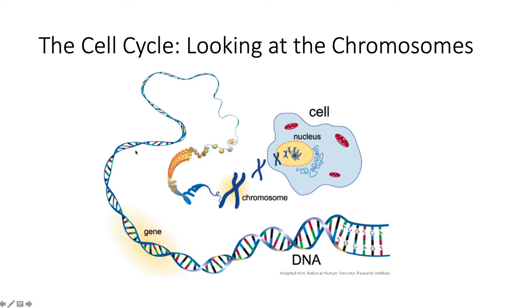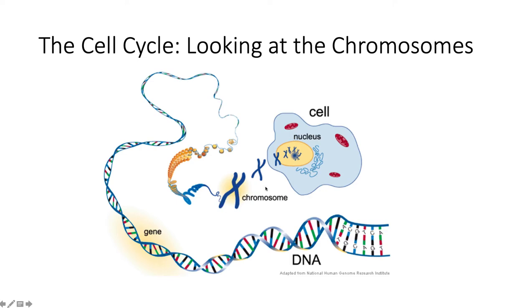But DNA is really long, and so I kind of liken it to a garden hose. You know, if you had your garden hose spread out on your lawn, it's all over the place. But DNA, just like a garden hose, it gets coiled up. It's coiled up around these little proteins called histones, and that coil is neatly packed into a chromosome.